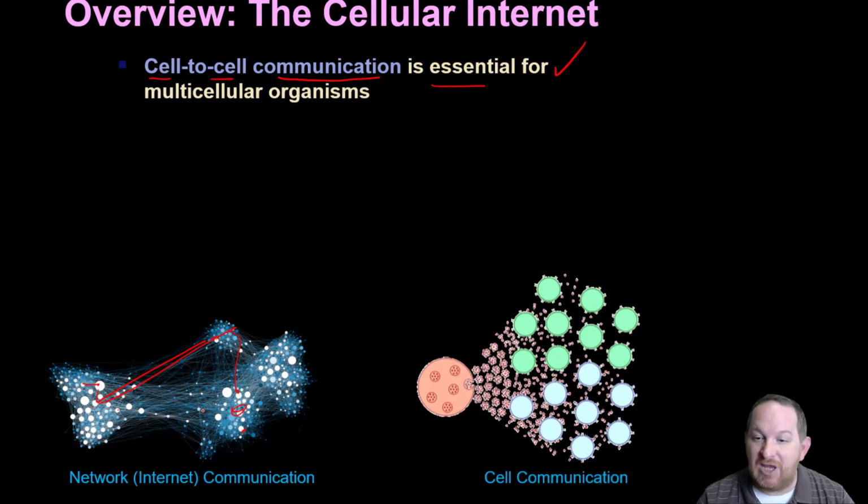Well, cell communication can be similar, right? One cell can communicate with another cell, which then has to communicate with another cell. So there's this big organizational network of communication both within our cells and between cells.